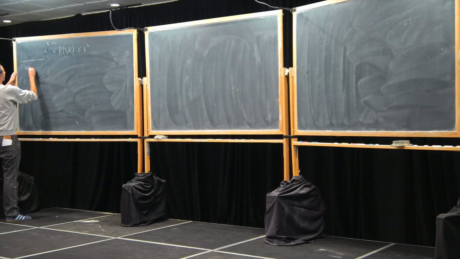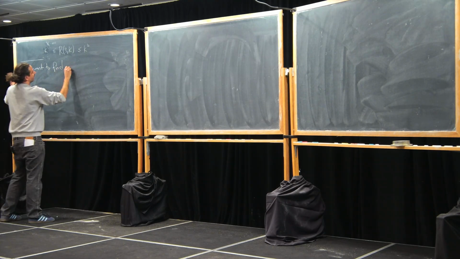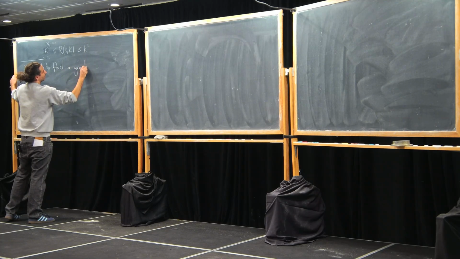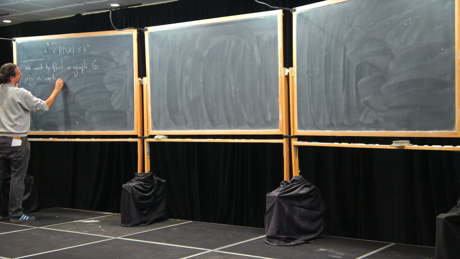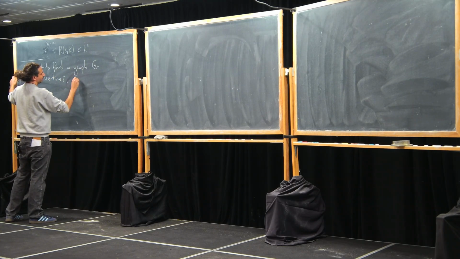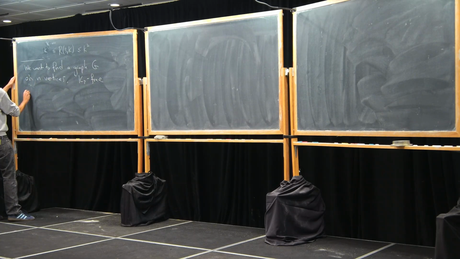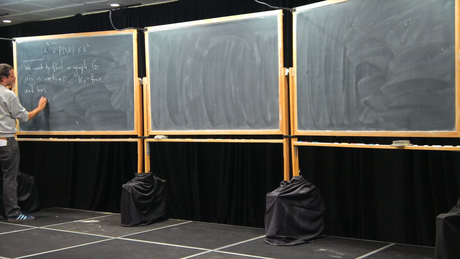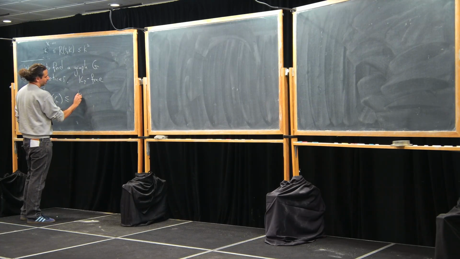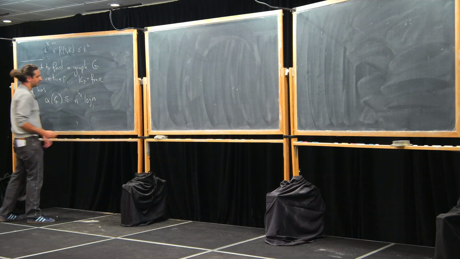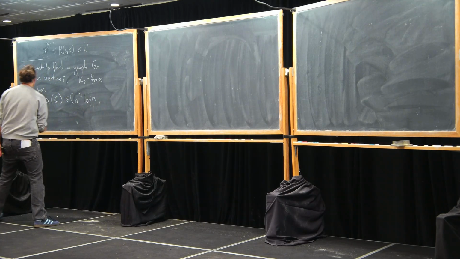So we want to find a graph G on n vertices which is triangle free and has independence number at most c times n to the 1/2 times log n. I don't really care about these constants so much in this class, but I'll just put a constant here for some c.